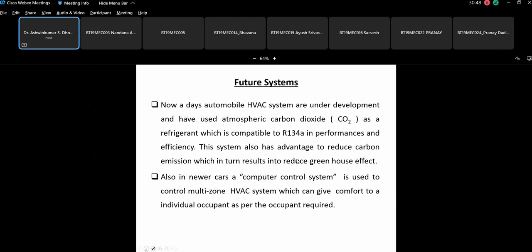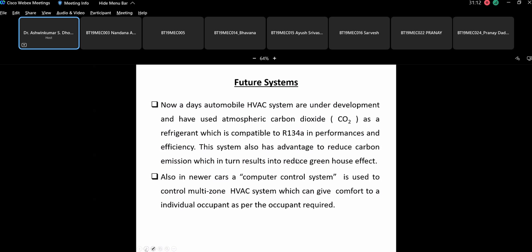So the future system: nowadays automobile HVAC systems are under development that use atmospheric carbon dioxide as a refrigerant, which is comparable to R134 in performance and efficiency. This system also has the advantage of reducing carbon emissions, which in turn results in a reduced greenhouse effect.